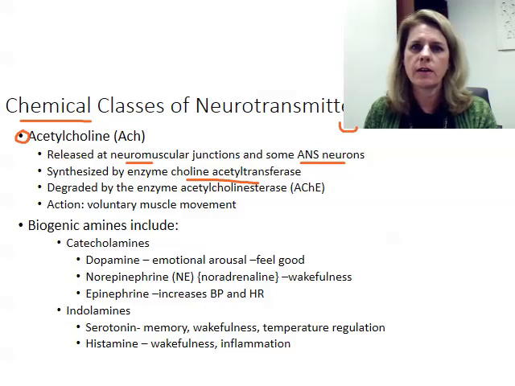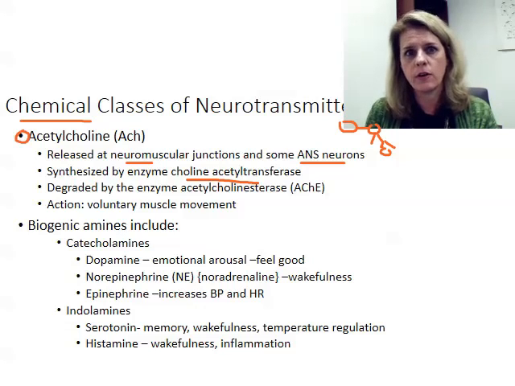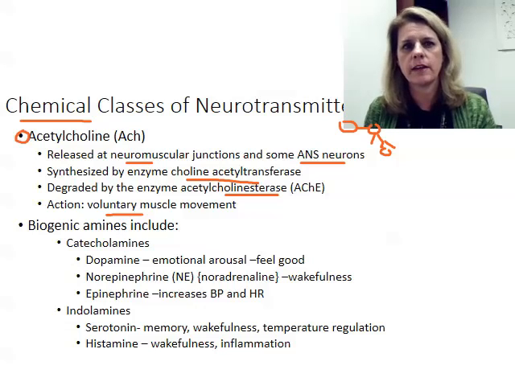So if you think back to that first diagram, central nervous system, peripheral nervous system, and I told you guys to be able to fill out the little cascade, your autonomic nervous system will release acetylcholine. Some of the neurons do. You use acetylcholinesterase to break it down, and its main action is voluntary muscle movement. But again, we'll talk about some other things it does later on.